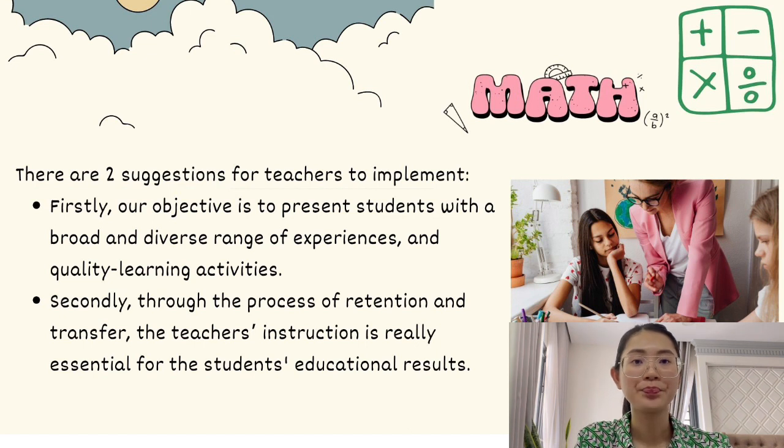And secondly, through the process of retention and transfer, the ability to apply learning acquired in one context to a new context, the teacher's instruction is really essential for the student's educational result. For instance, kids are taught how to calculate plus, minus, multiply, and divide.